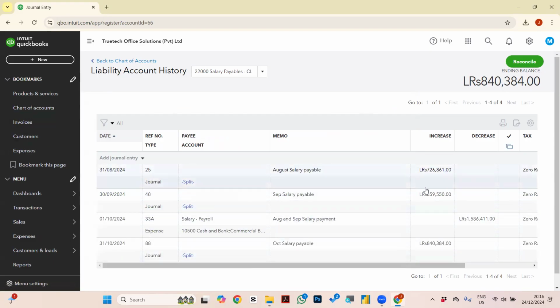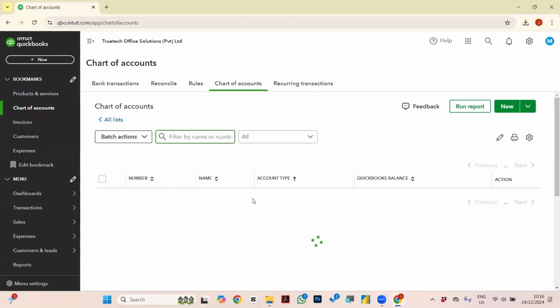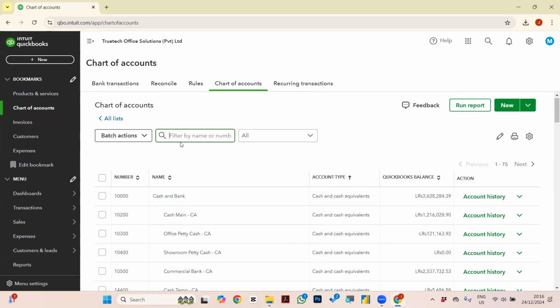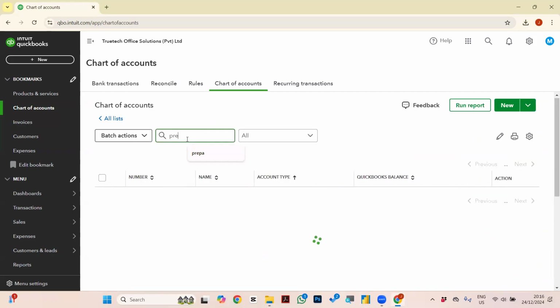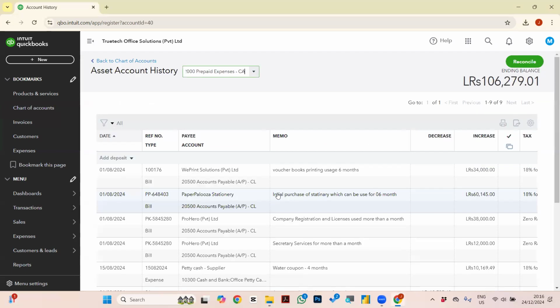If you want to get a report about a company, any account, you can go to chart of accounts, and then select the account name. I'm going to say prepaid expenses. So prepaid expenses, I'm going to double tap. It'll take you to the expense. Now it will show you from the beginning till now all the transactions.